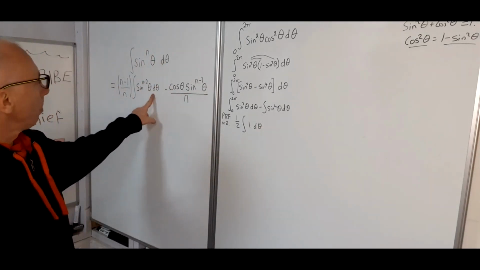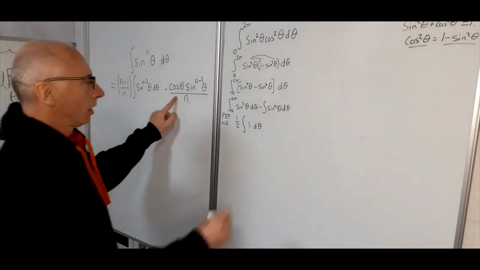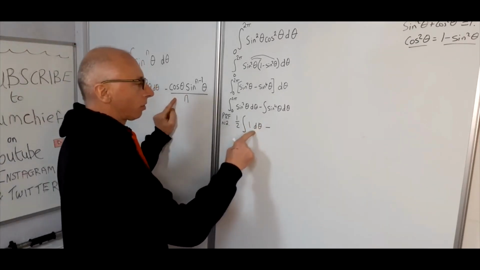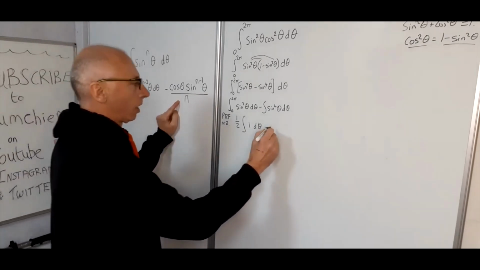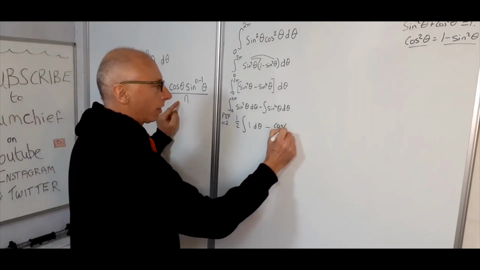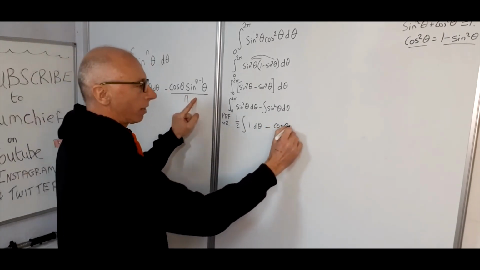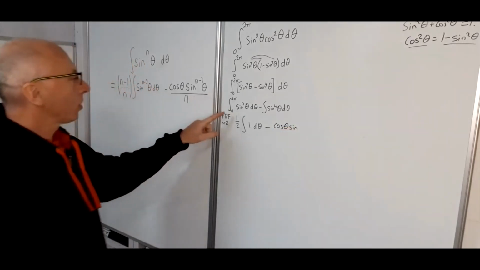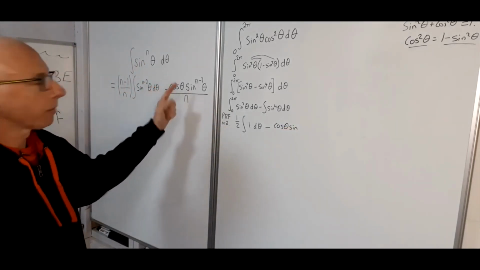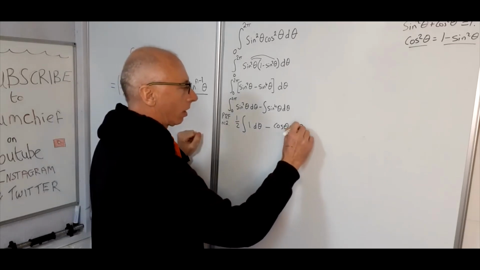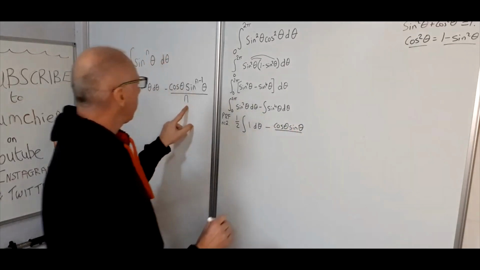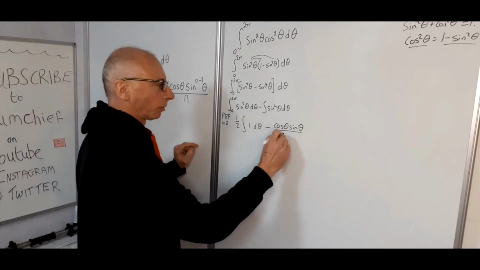Okay, that's the first part, but now we've got this part here. So now that integral minus this term. So it's cosine theta sine. Now n minus 1, n is 2, so it's just sine. And that's all over n, which is 2.